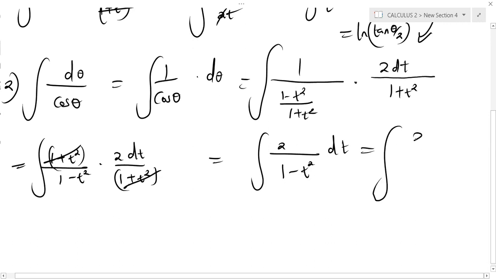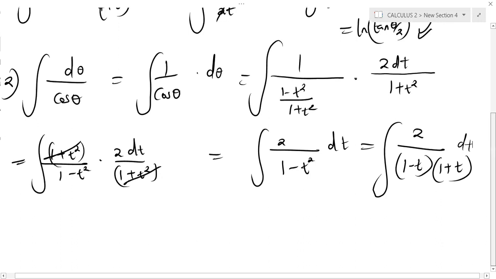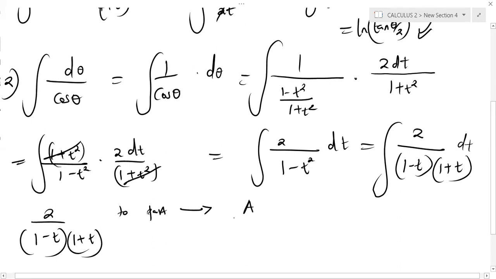So I can have it as 2 over 1 minus t squared, which is a difference of 2 squares. So this is the same as 2 over 1 minus t, 1 plus t dt. Then I can write this into partial fractions, so that I can have them separately. Writing 2 over 1 minus t, 1 plus t into partial fractions, I will have this as A over 1 minus t plus B over 1 plus t.